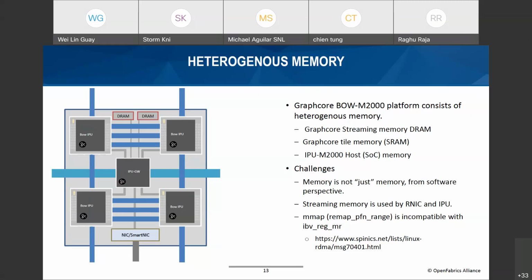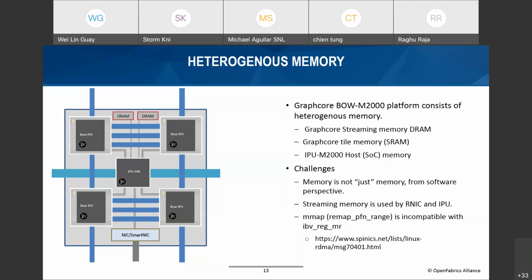Thanks to the discussions on the Linux RDMA mailing list, someone was facing the same problem and came up with a solution. We are using the same solution, where we create a no-page mmap. Of course, we need to put the streaming memory into reserved memory so that we can allocate it with our device driver, and we need to provide a page fault callback so that we can insert the correct PFN into the VMA data structures when pinning happens.